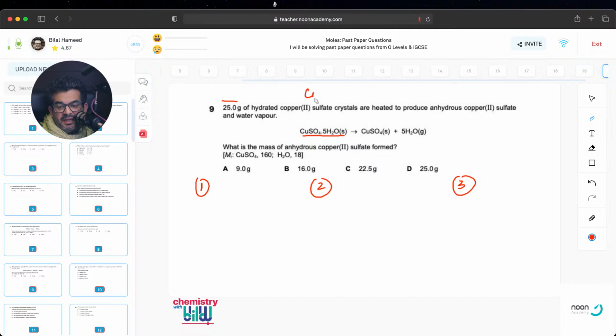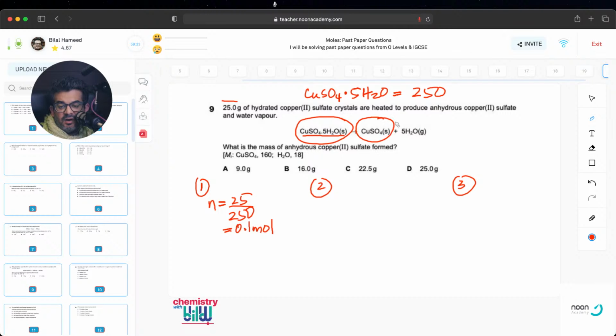So the first thing is you have to find the mass of copper sulfate dot 5H2O, the formula mass. And when you do the math for this, you'll realize it comes out to 250. So that's my known. So the number of moles are 20 mass over molar mass, which is 0.1 moles in this case. Then the ratio between the known and the unknown, because anhydrous copper sulfate is my unknown, is 1:1.